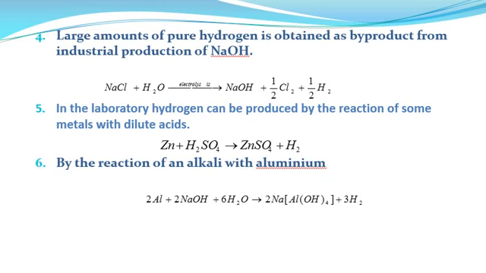Aluminium can react with sodium hydroxide solution to produce hydrogen, and this reaction can take place with other amphoteric elements such as beryllium. So the reaction of aluminium with sodium hydroxide or potassium hydroxide can be considered as one of the procedures that can be carried out in the lab easily.